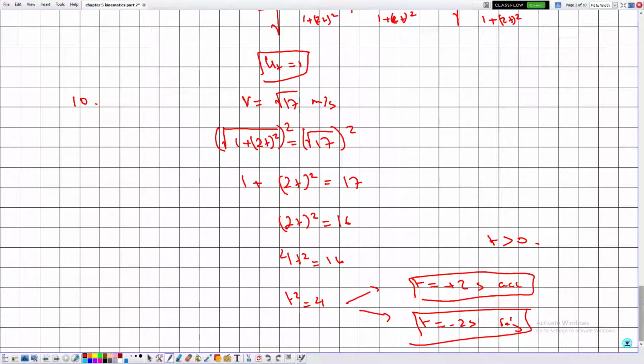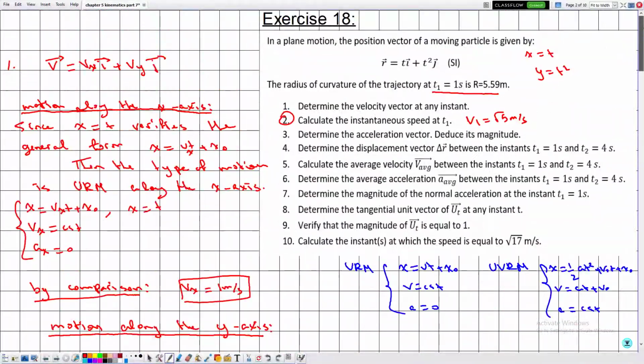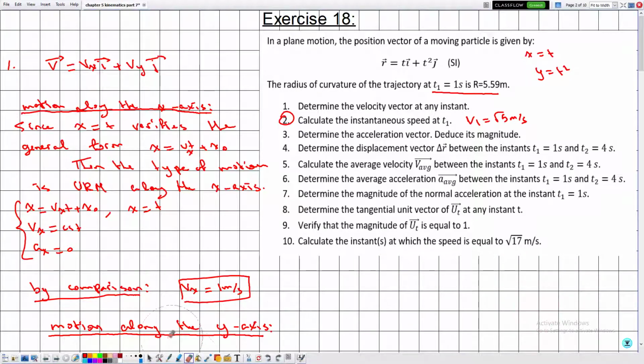Okay, before that I wanted to say the following. In order to have some flavor of what's happening here, let me say the following. Here we have determined that the magnitude of the acceleration is equal to 2, and the magnitude of the normal acceleration is given by 0.89 meter per second square.